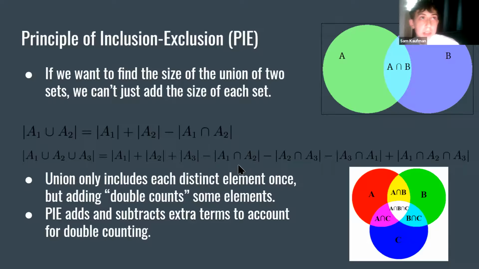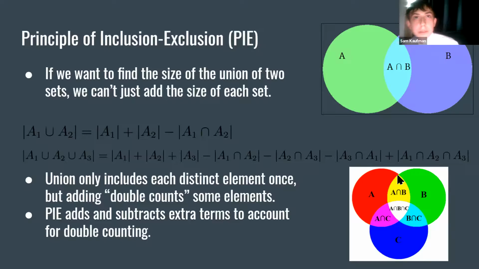So we subtract the intersection of A1 and A2, the intersection of A2 and A3, and the intersection of A1 and A3. So imagine you're adding A plus B plus C. Then we're subtracting these intersections, right? A3 is just another made up set. You can imagine them as A, B, and C if you want.